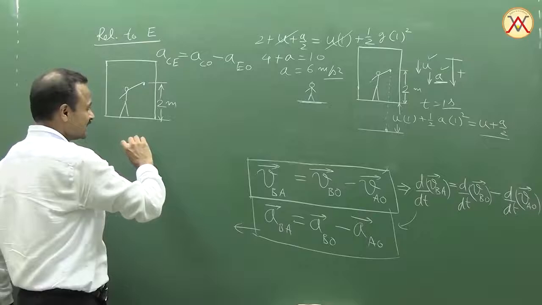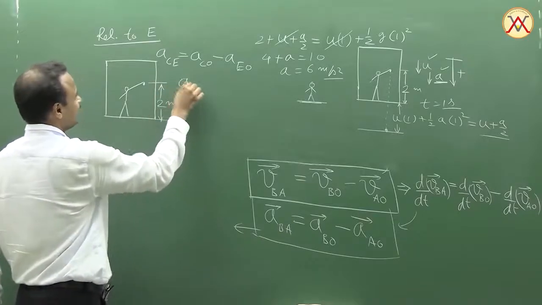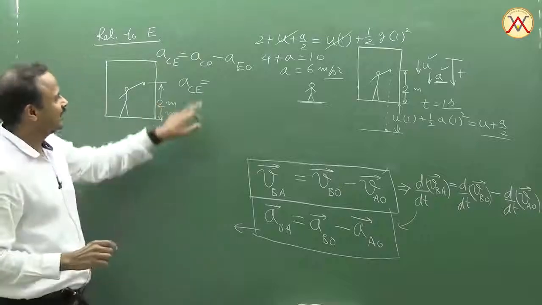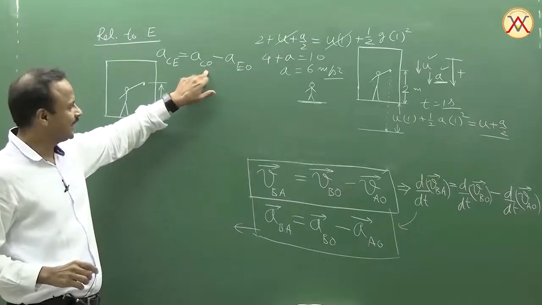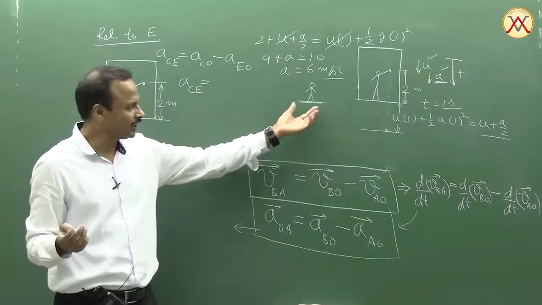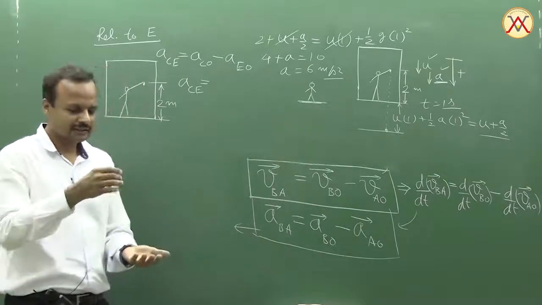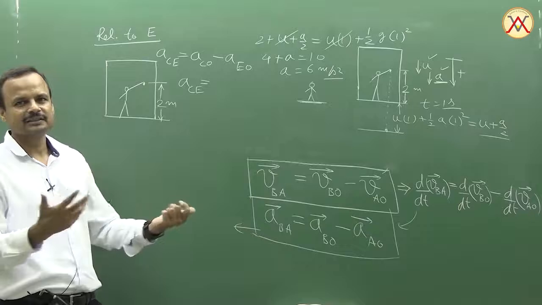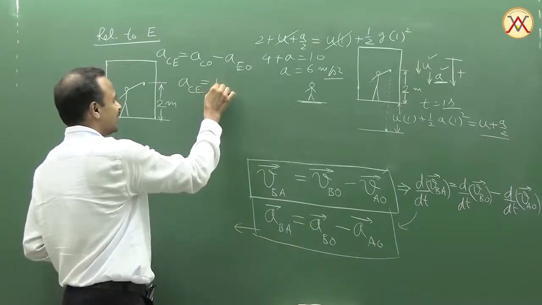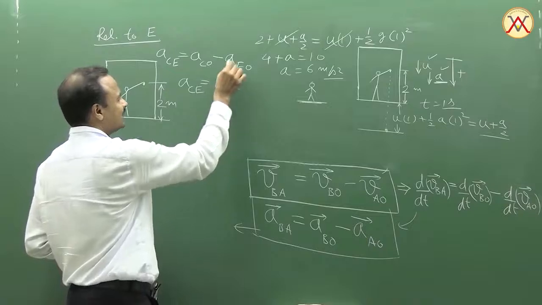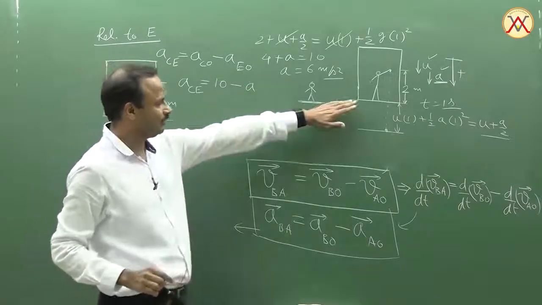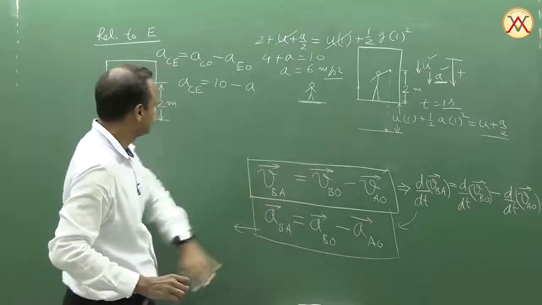Now this a_CE becomes the acceleration of the coin in the ground frame. The acceleration of the coin in the ground frame is g, that we already know for a fact: if a body is freely falling as observed by a ground frame observer, it has to be g, and it is downward, so I can take this as plus 10, minus this unknown which we want to calculate as a. We have already taken symbol A for this.